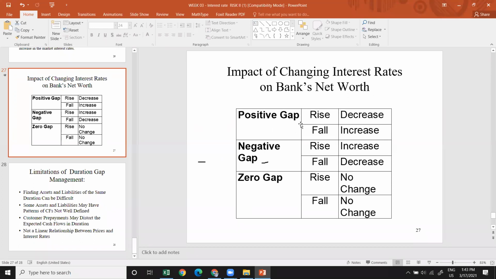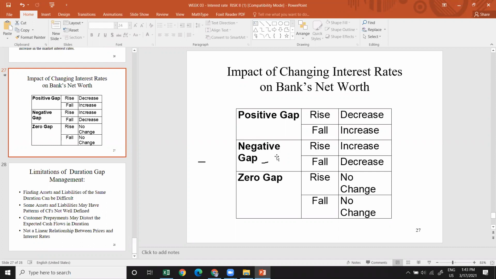When it's a positive gap, an increase in the interest rate will reduce your net worth. With a positive gap, when the interest rate goes down, it will increase. Negative gap, it's not the repricing gap, guys.